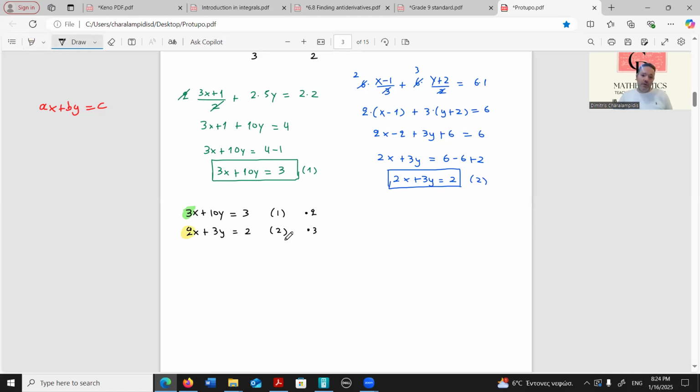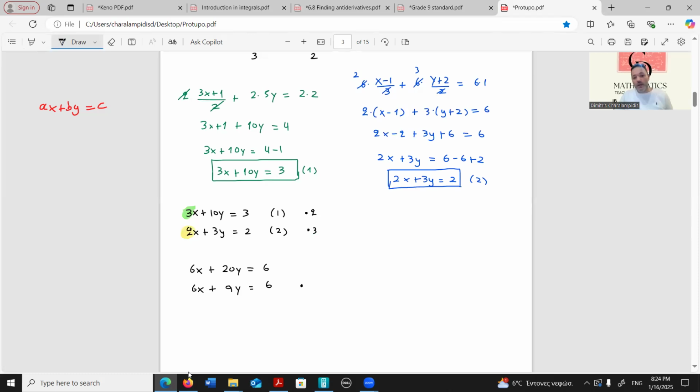By doing so, I would get 3x times 2, 6x, 10y times 2, 20y, equals 6. Similarly, 2x times 3 is 6x, 3y times 3 is 9y, should be 6 again. They are the same. I was expecting that they should have been the same.